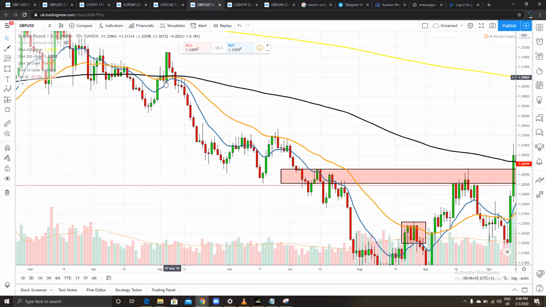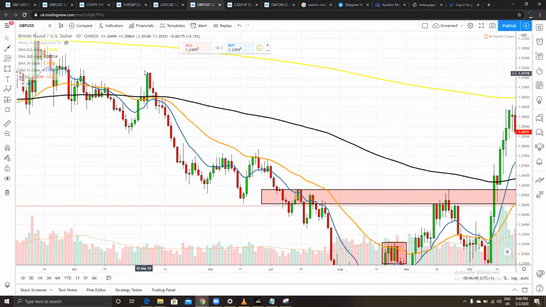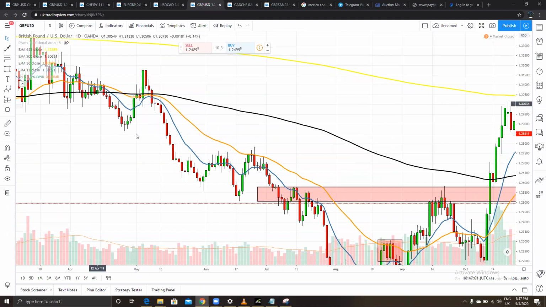In this place, the cross did not come in, although price traded above the 36 EMA and the 200 EMA for one reason or the other, which is not for today to explain. But what I want you to pay attention to is after the cross, some people are looking for areas to scale back into position.